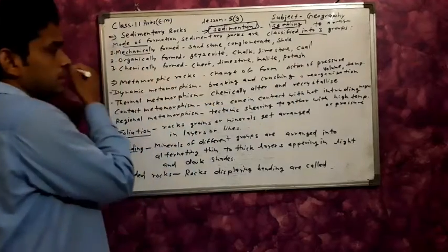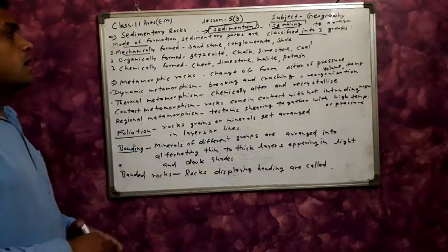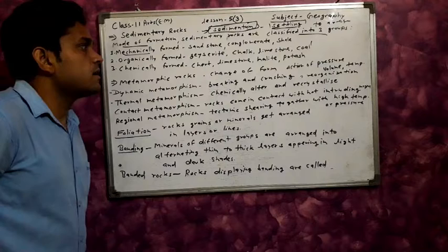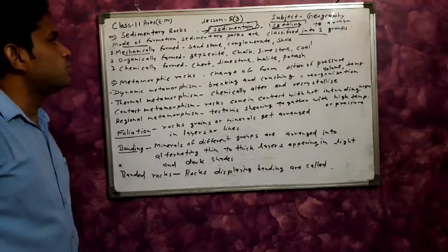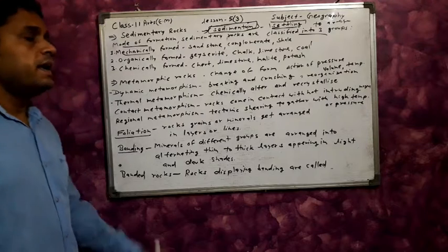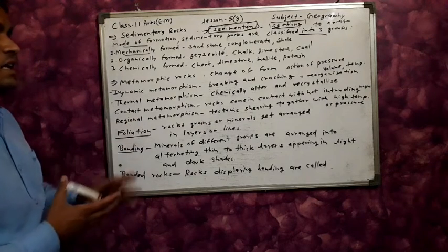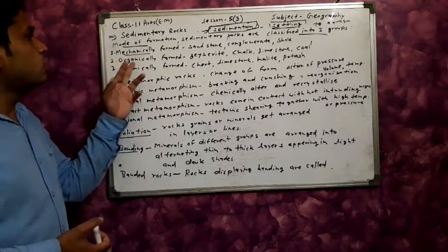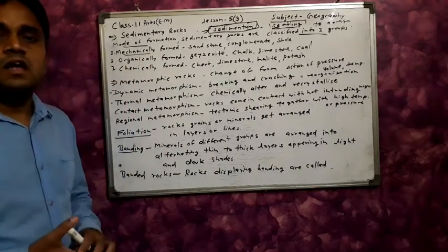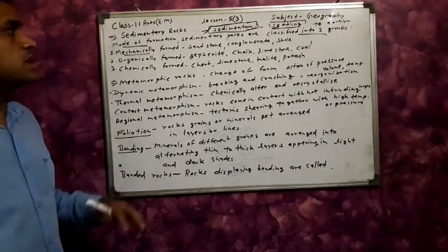And the chemically formed ones: limestone, halite and potash. All these are examples of sedimentary rocks, formed mechanically, organically and chemically.